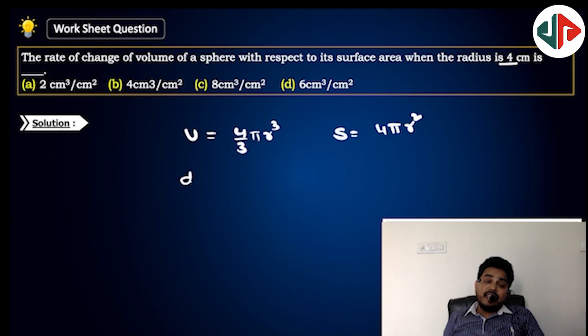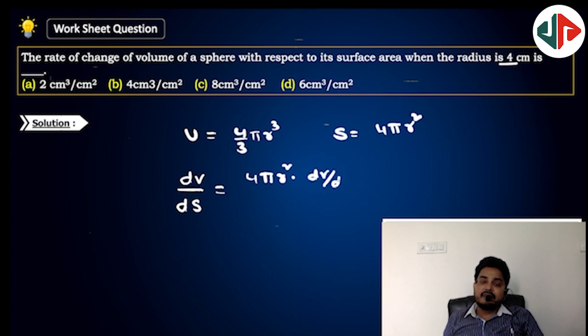I require dV by dS, which is dV by dr times dr by dS, that is 4 pi r squared times dr by dS, divided by 8 pi r.